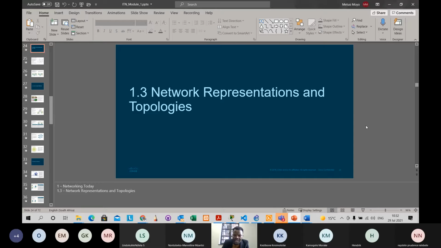Okay, so I just want to go through this slide: network representations and then topologies. Now, I want to ask a question. What is a topology?